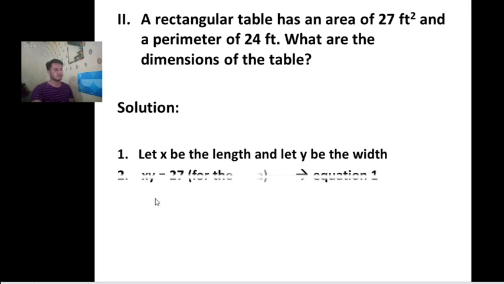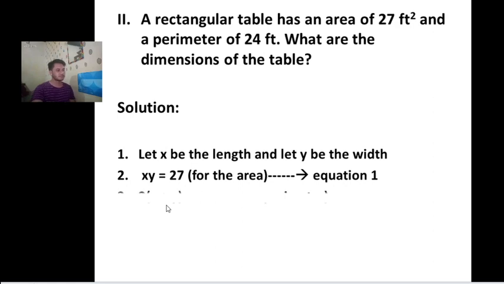Next, number 2. We have the equation xy equals 27, and the equation is for the area. Since to solve for the area of a rectangle, we only multiply the length and then the width. And this will be our equation number 1.